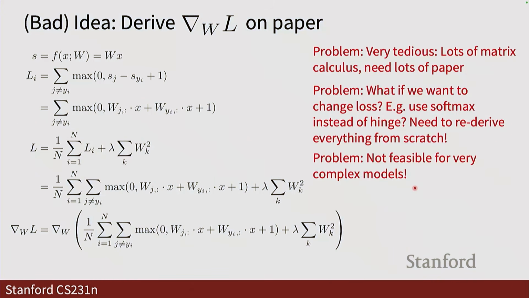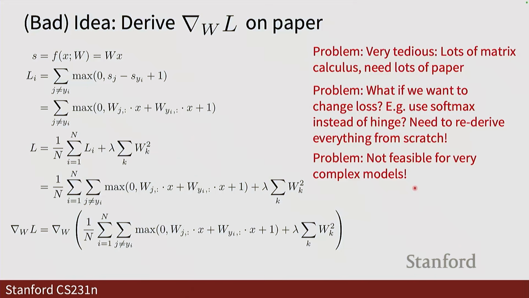There are so many different details that we have to be aware of. First, building these functions and then taking the derivatives and writing them down is often tedious. There are lots of matrix calculations and need a lot of work on paper before you can actually implement a neural network.